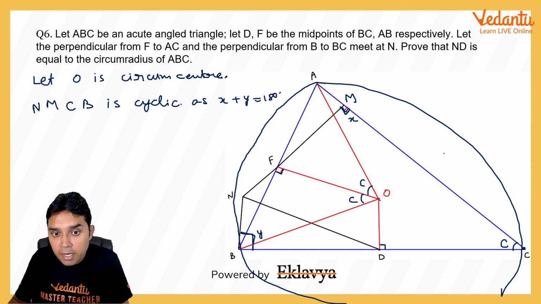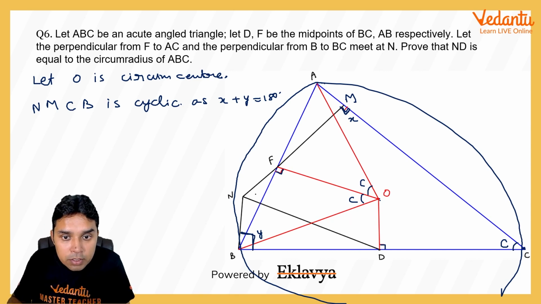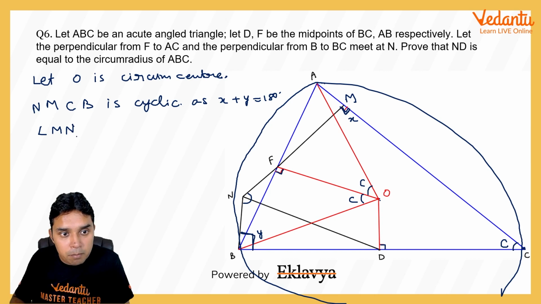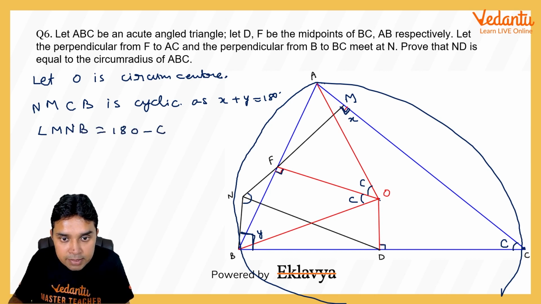In fact, because they are 180, for this circle NC has to be the diameter. Now, because this is cyclic, I can say this angle MNB will be equal to 180 degrees minus C, because their sum should also be 180.